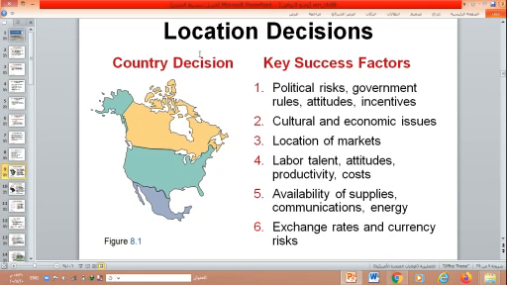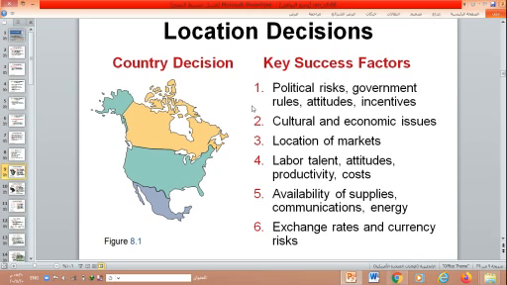Okay, for this reason we have to consider several factors, which are key success factors for this country, such as political risks, governmental rules and regulations imposed by this country, attitudes, and incentives. Incentives relate to the fact that some countries provide incentives to companies to encourage them to come and locate their facilities within this country. Other key success factors are cultural and economic issues, location of the market, and labor talent.